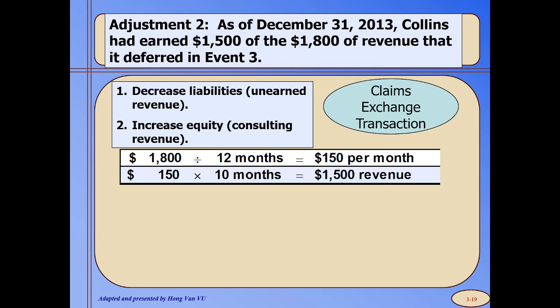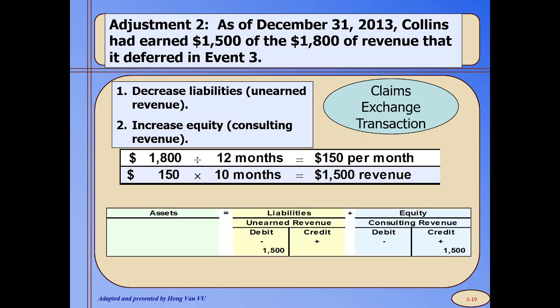The $1,500 of revenue is calculated by dividing the 1,800 payment by 12 months and then multiplying by the 10 months that elapsed between March 1st, the date that the contract began, and December 31st.